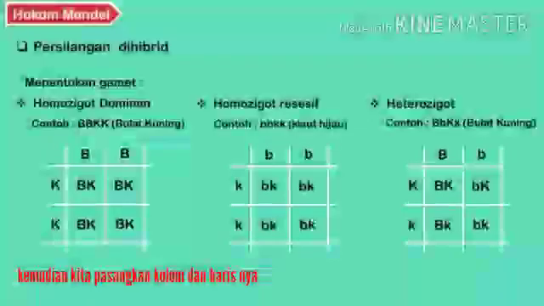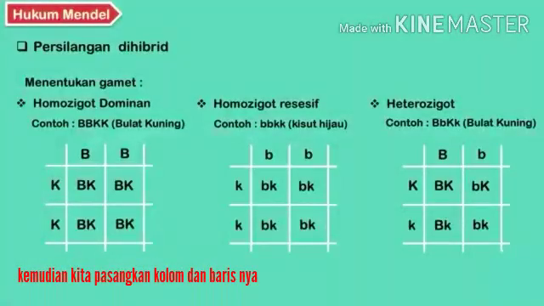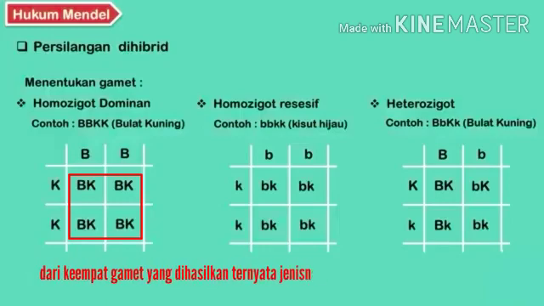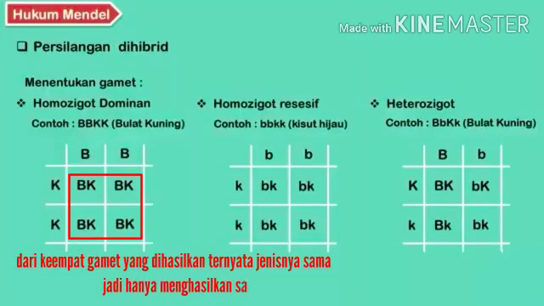Then we match the columns and rows, so the contents are BK, BK, BK, BK. So from the four gametes produced, it means that they are the same type. So it only produces one type of gamete. It is BK.